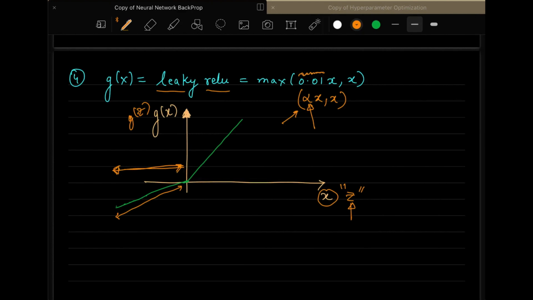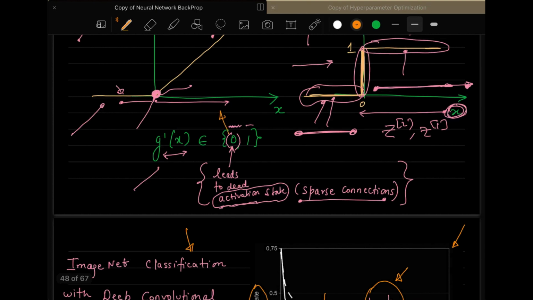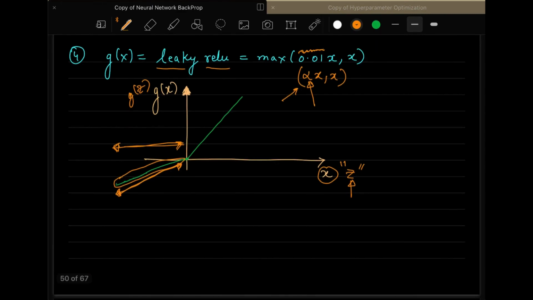So what it gives you is a slight slope on the negative side, which helps us remove the problem I discussed last time: it's zero there, which is the dead activation state. If that slope is there, then the dead activation will not happen. So in order to avoid this problem of zero, they have kept a slope over here. And one more advanced version of ReLU or leaky ReLU I'll show you here.